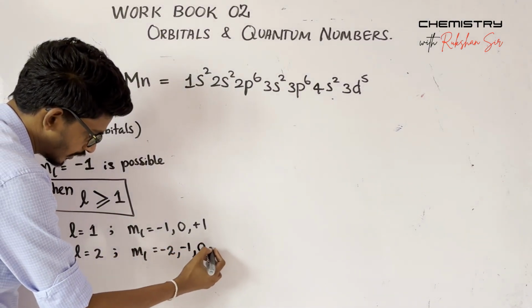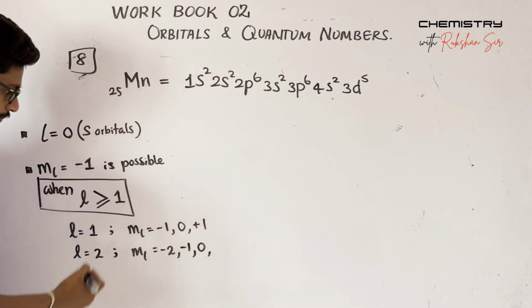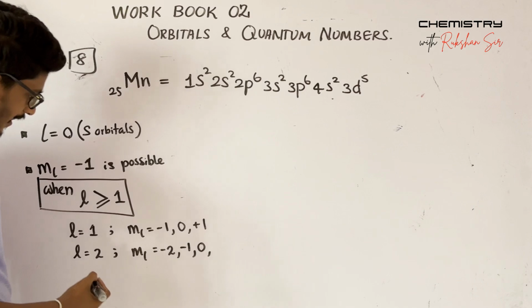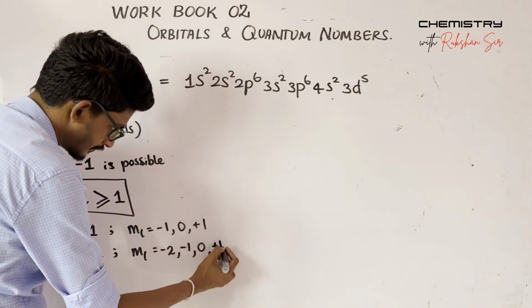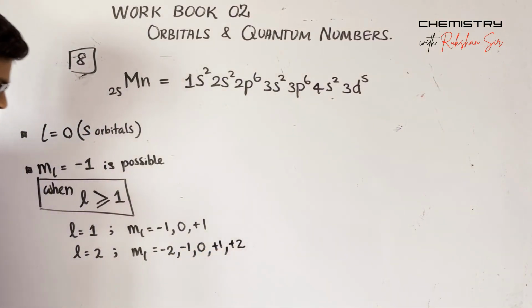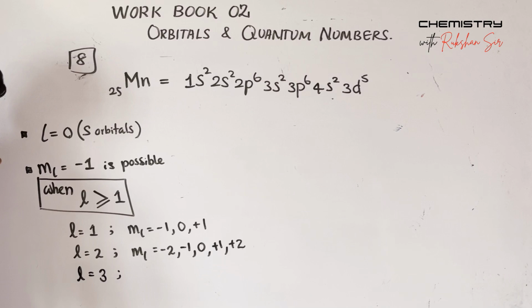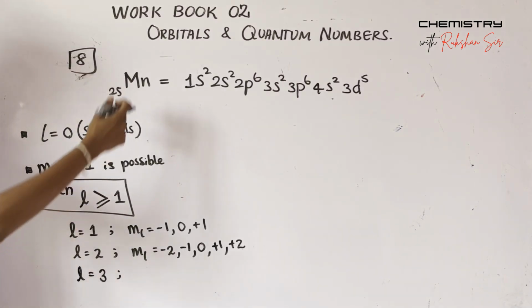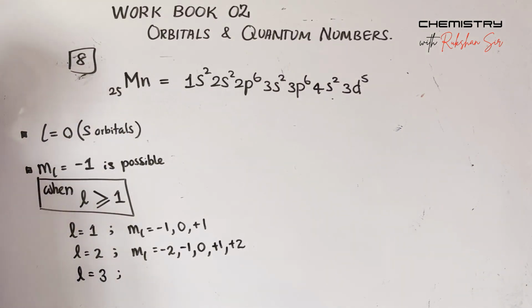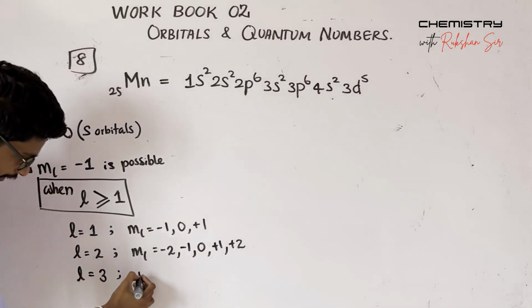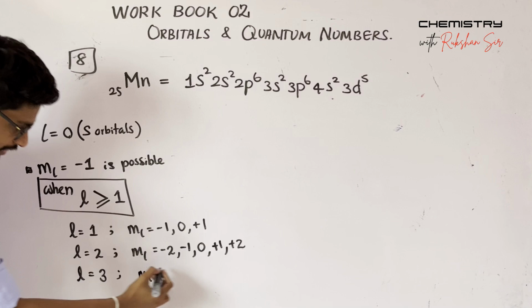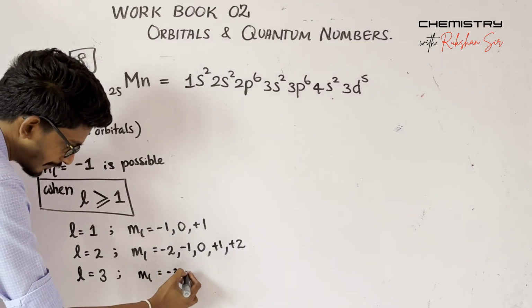So minus 1 is possible as an Ml value even when L is equal to 3, but that won't be available with your manganese.